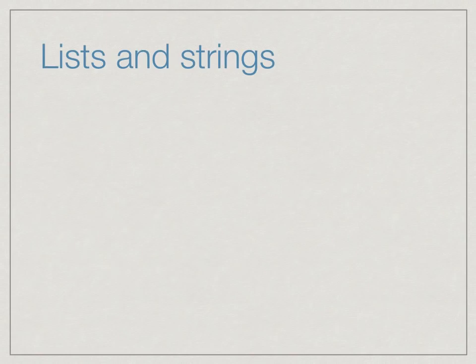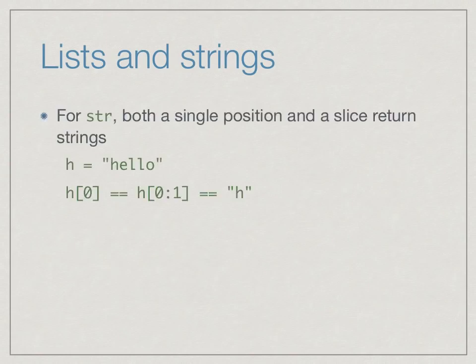So there is one difference between lists and strings in what we have seen so far. We said that there was no concept of a single character. So in a string, if we take the value at a single position, or we take a substring of length 1, we get the same thing. So if we have the string h, which has positions 0, 1, 2, 3, 4, so that has length 5. And if we ask for the 0th position, then this gives us the letter h.